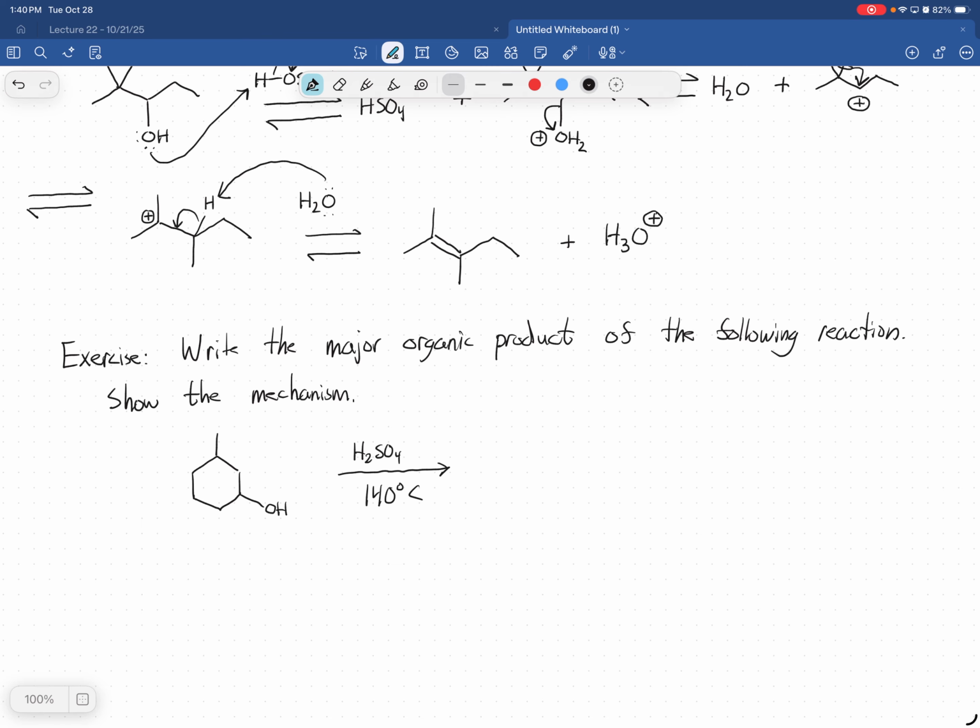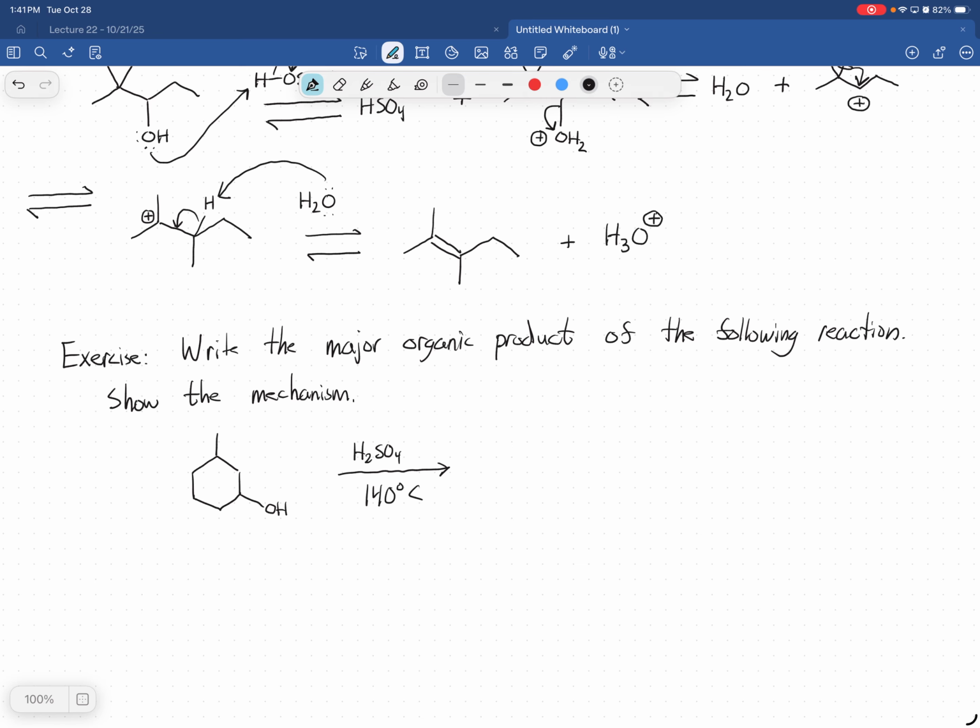All right, well, you take 5 minutes, predict what products can form, and show me the mechanism, okay? So I'll tell you right now, only do rearrangements if there's a nearby carbon that can have a better carbocation. So if the carbocation and the nearby tertiary position is too far away, don't do a rearrangement, okay?